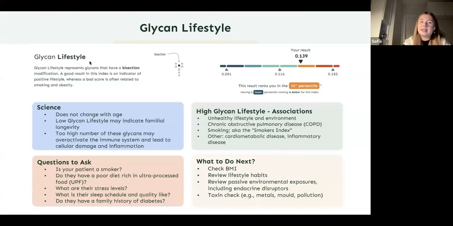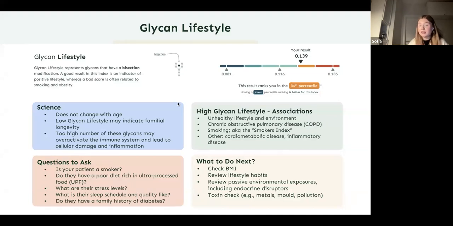So first, the glycan lifestyle, as the name suggests, is very reflective of your lifestyle choices. And the glycans look something like this. They have this extra unit here. As I've told you a second ago, it does not change with age, but this is what we want the glycan lifestyle to be, as low as possible.